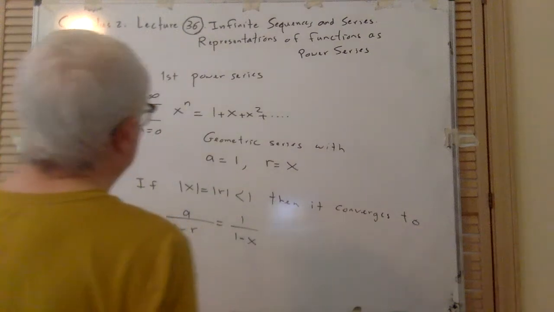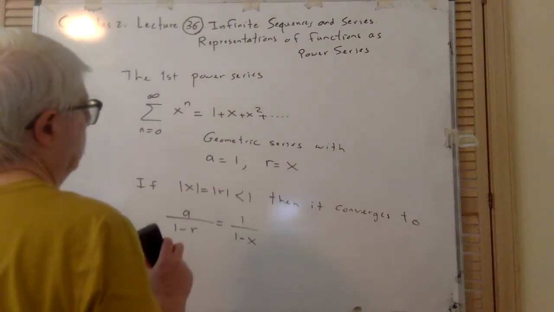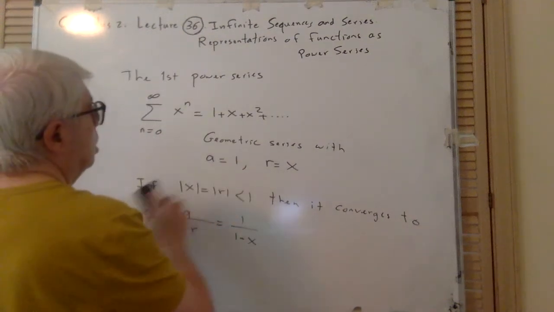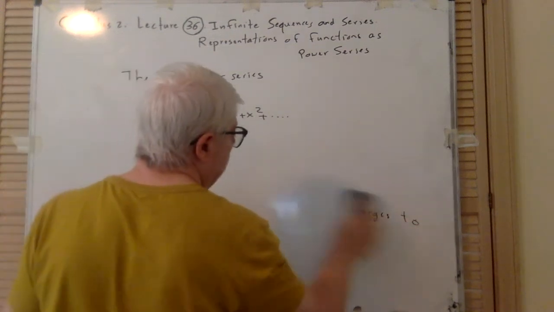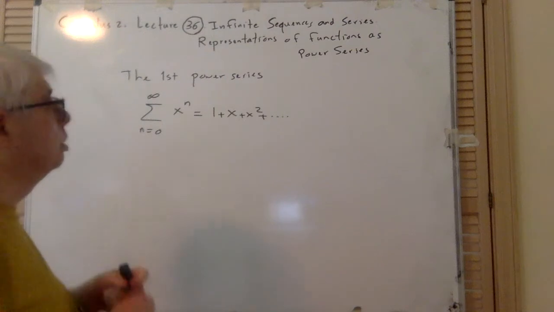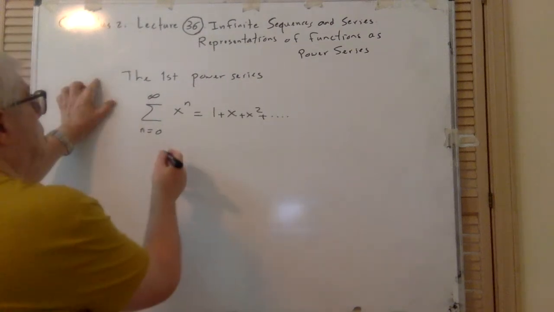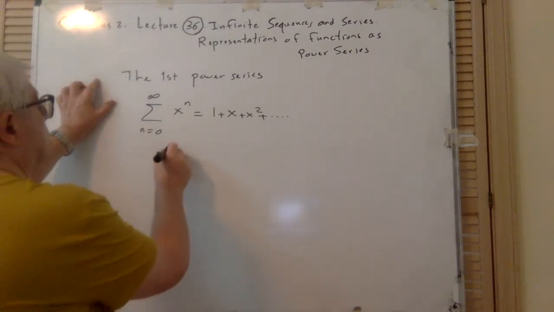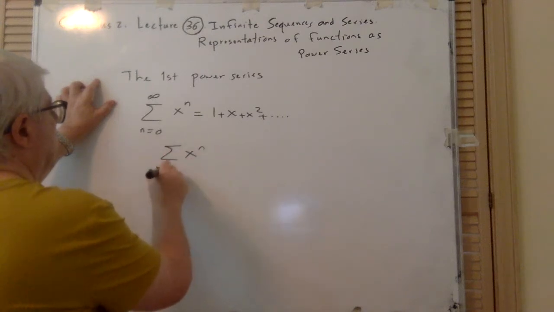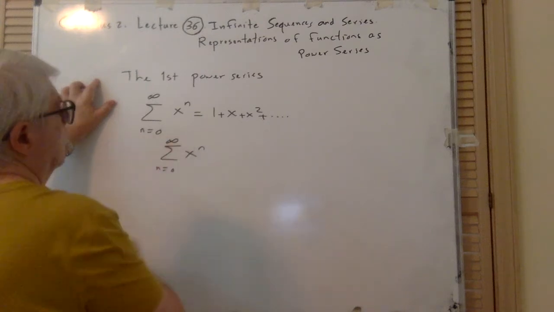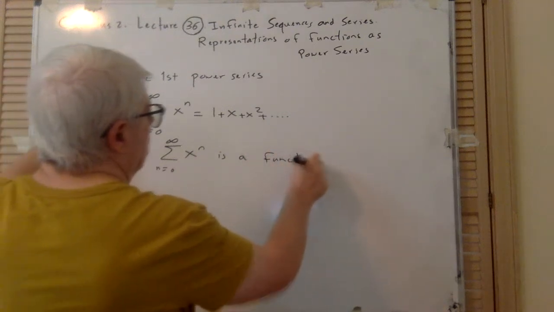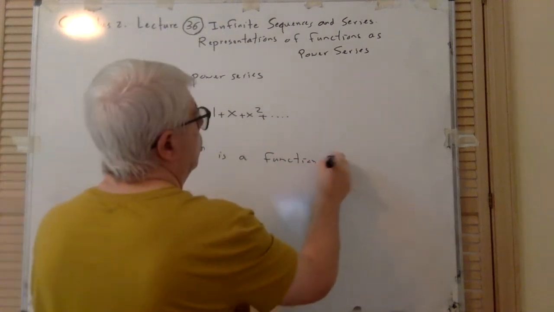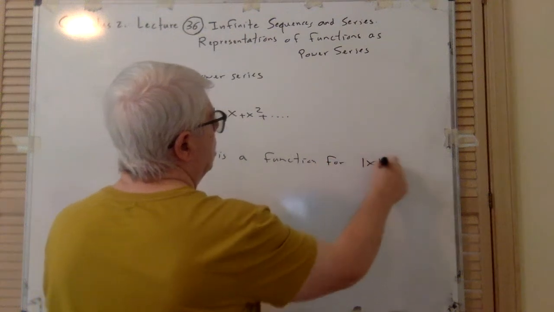So let me write this here. Let me erase this and say that, using ideas from geometric series, we found that sigma x to the n is a function for x less than 1.